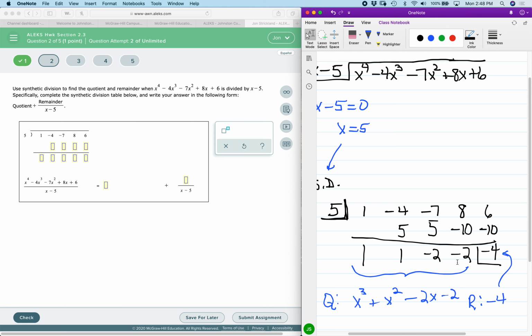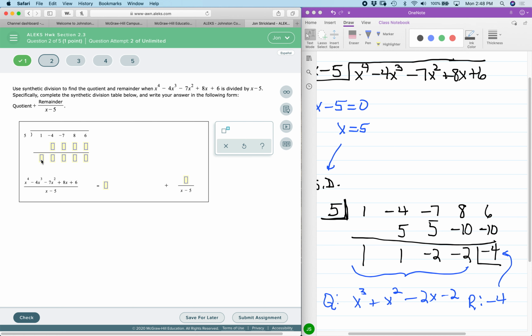Okay, so just bringing down what we have here. Bring down 1, negative 4 plus 5 is 1. And again, we have 5. And then negative 7 plus 5 is negative 2.